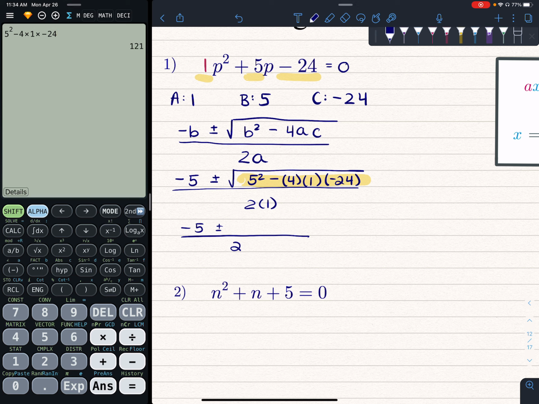So we have that number is 121. So here we have the square root of 121. So you can write that in, or you could just take the square root directly from here. And we get 11. So I'm actually just going to erase the square root of 121 and put in the 11.